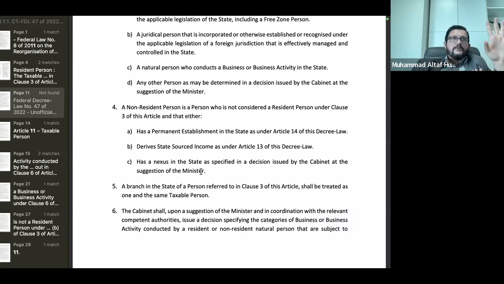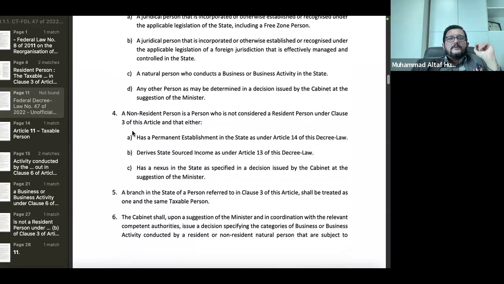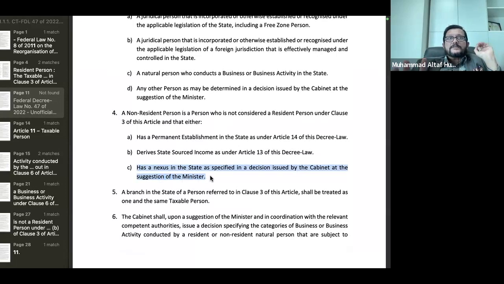Let's say that scenario. What will be the defense of that person? His defense will be the decree law, Article 11, Clause 4, Paragraph C. They'll say that you have identified a non-resident person who is not considered a resident person under the clause and has a permanent establishment, or derives state source income, or has a nexus in the state specified in a decision issued by the cabinet.